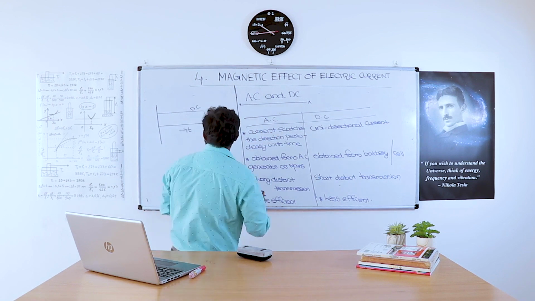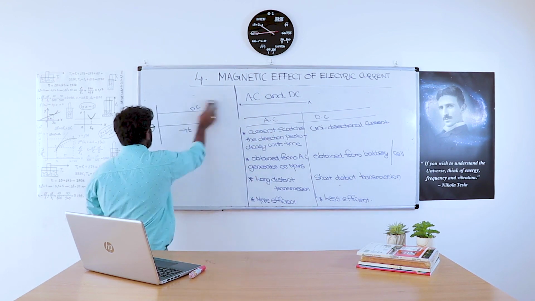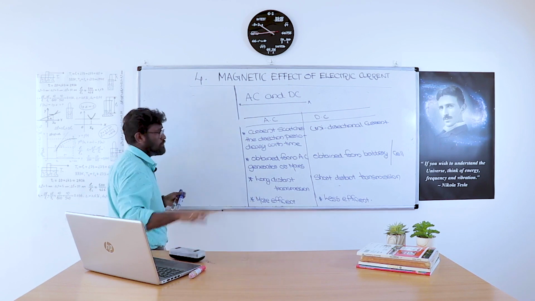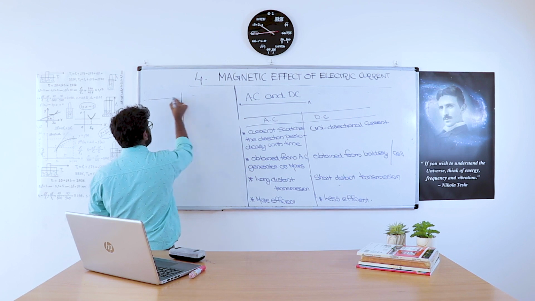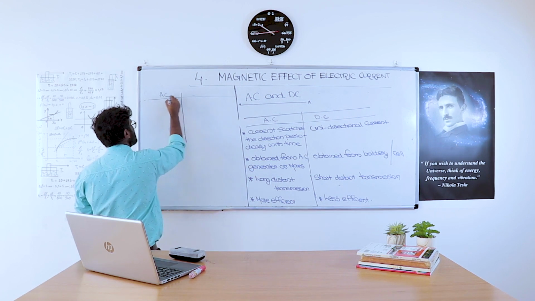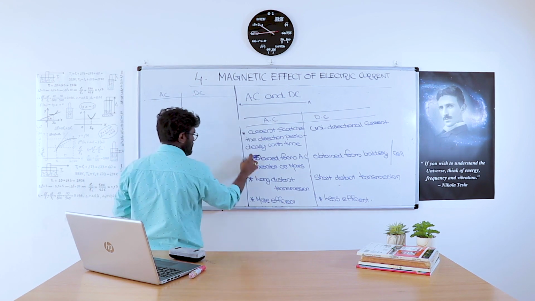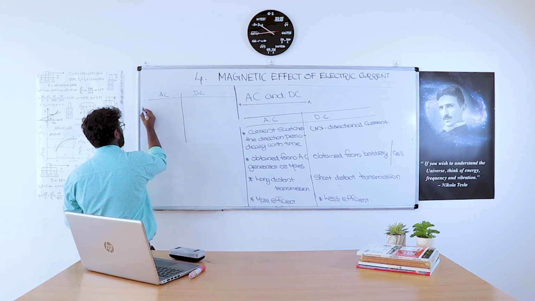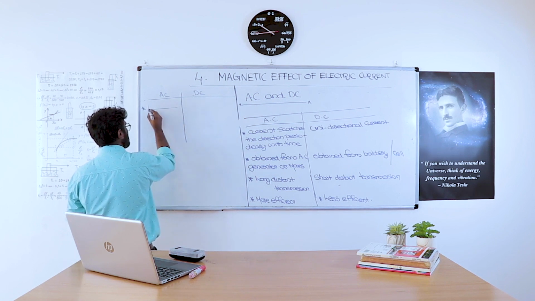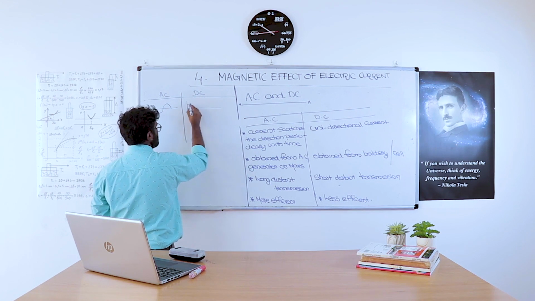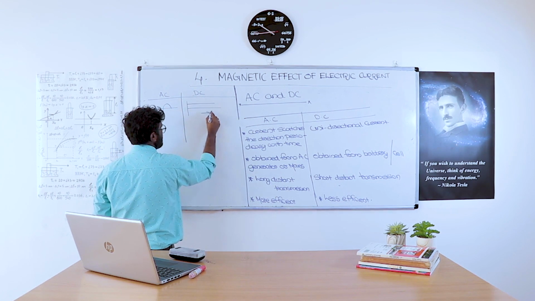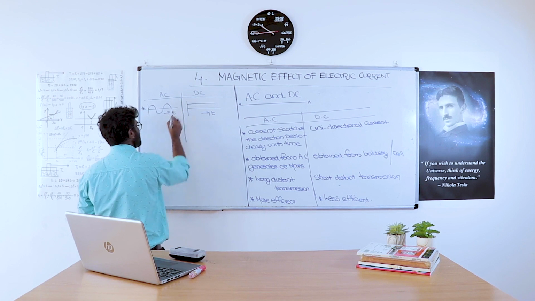Then we also have the pictorial representation of the difference. In the pictorial representation, this is AC and DC. The fifth point is the pictorial representation; we can represent it picture-wise. Here is AC and here is DC.